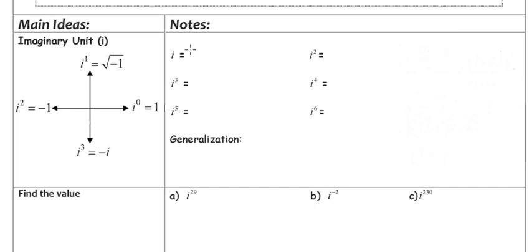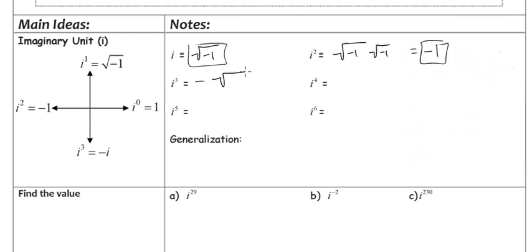Let's go through and sort this all out now. We're going to write it in terms of a radical. So i itself is the square root of -1. i squared, we said, is the square root of -1 times the square root of -1, which is -1. i to the third is negative square root of -1, which is -i, most commonly written that way. i to the fourth is back to just 1 again. i to the 5th, and now we start the cycle all over again, is the square root of -1, or just i.